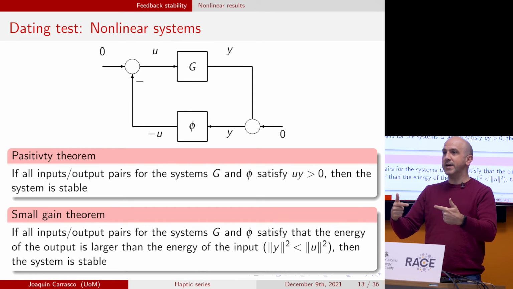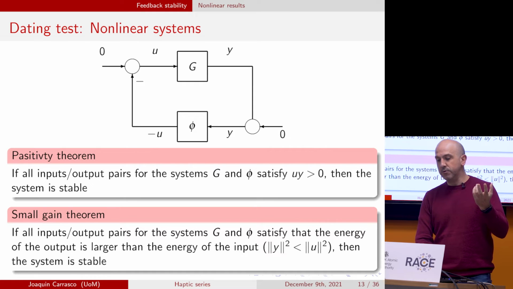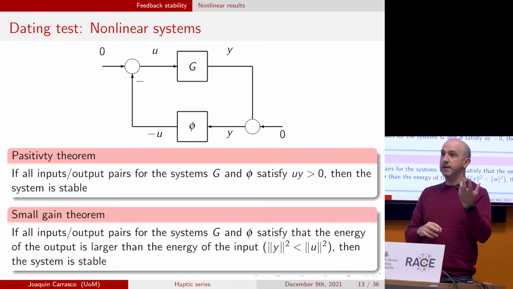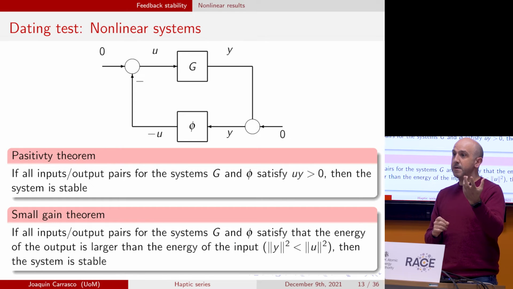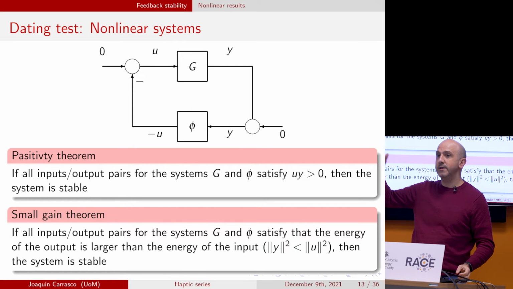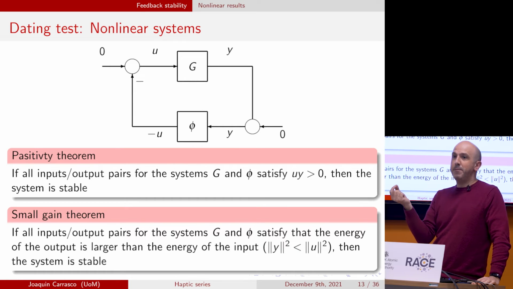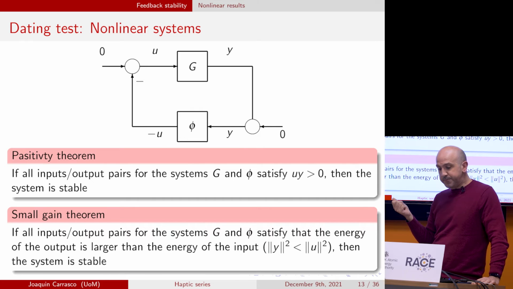Therefore, when I move to the second one, if the second one is also passive, then I get a contradiction, because the passivity would be telling me that U times minus U is positive, but the first system is telling me that U times Y is positive. Therefore, we use this kind of contradiction to show that the only signals that can be there are U and Y both equal to 0. This is what the passivity is doing.